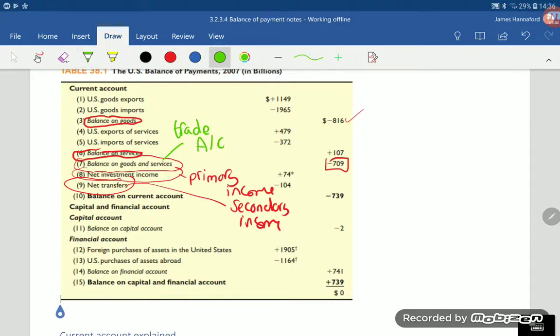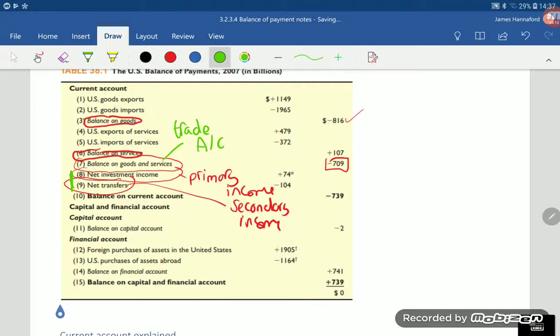Now, commonly we may say, well, if exports are greater than imports, we will have a current account surplus. Well, this isn't strictly true, because we have to consider what is happening to primary and secondary income. Therefore, when we're talking simply about goods and services, we are referring to the trade account.